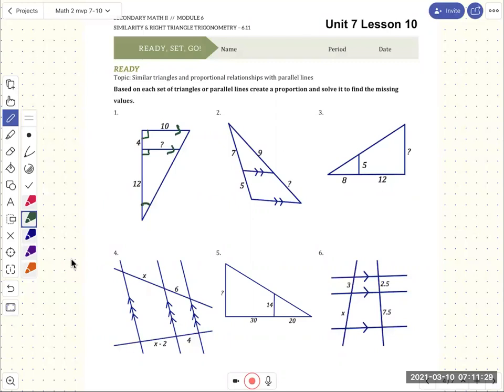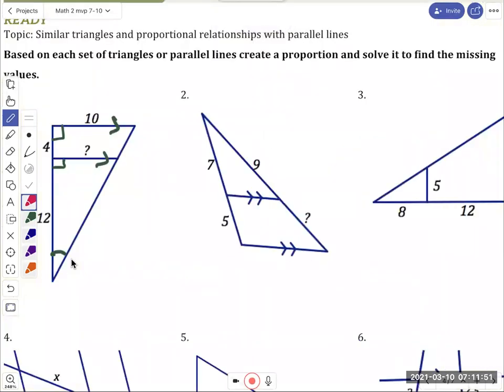Whereas in number 2 you see that, right? So you've got the similar triangles here. Given that I have similar triangles, they aren't necessarily right triangles, but it doesn't matter.